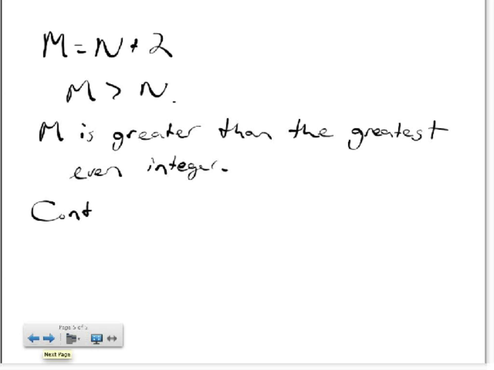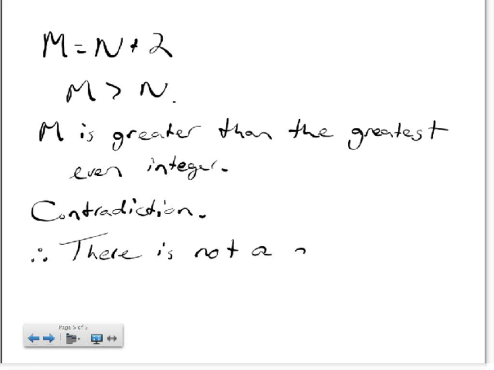This is a contradiction. So therefore, we see that there is no greatest even integer.